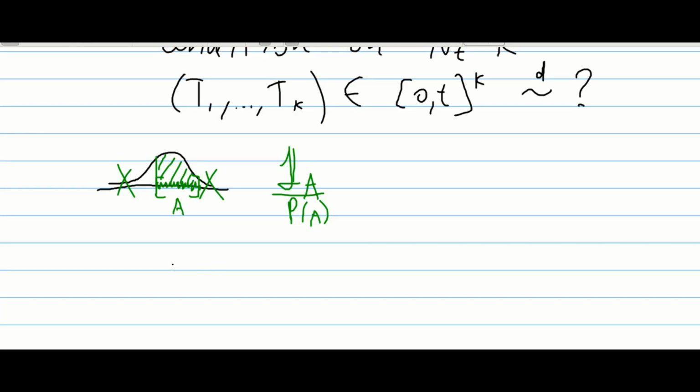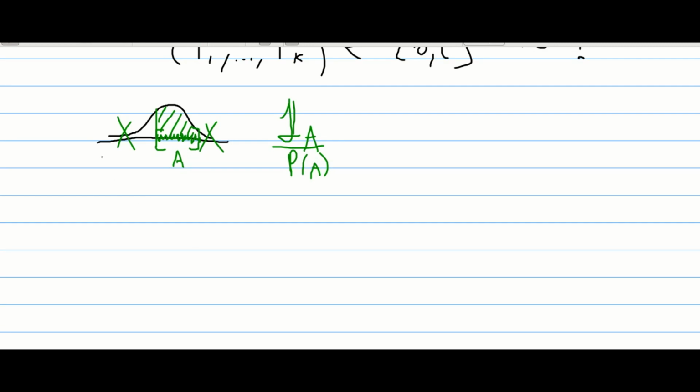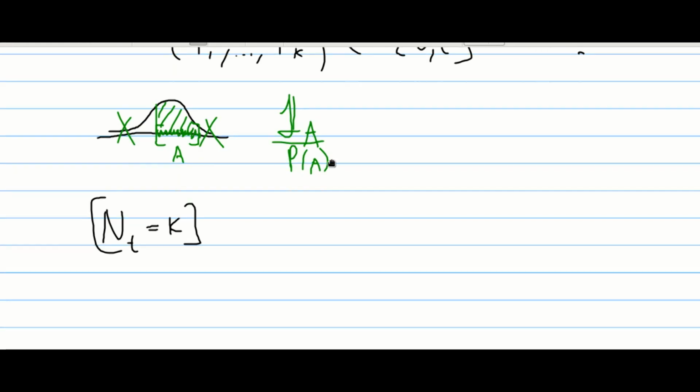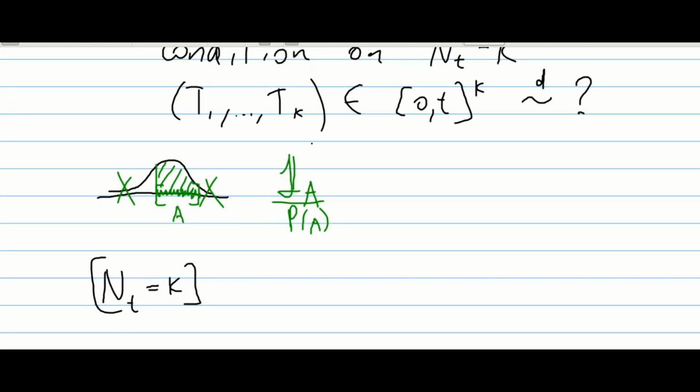But before we get to the actual calculation, you have to observe that NT equals k, which is the event that we are conditioning on here, doesn't depend only on t1 to tk, which are the variables we are interested in. This is actually tk smaller or equal to t, and tk plus 1 is bigger than t.